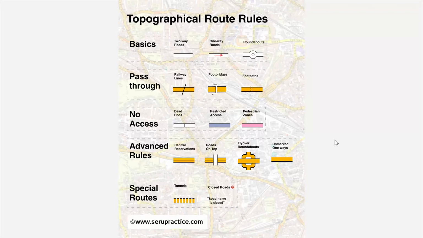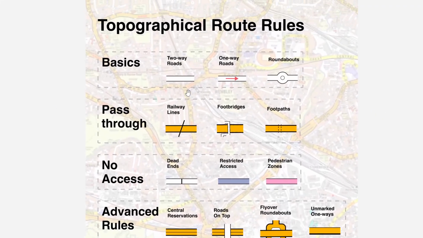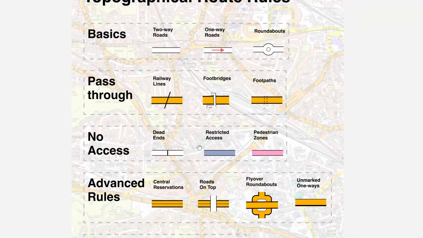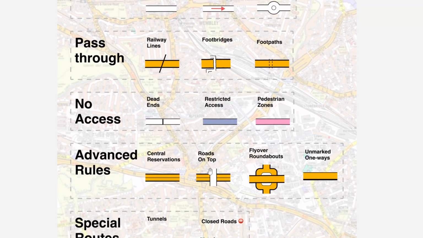For anyone who is trying to get a PHV driver's license and needs to pass their topographical route planning assessment, it is very essential to understand these topographical route rules, because these rules or symbols help you identify the map and how to solve that particular route. Some of these routes can be simple, like basics, two-way roads, one-way roads, or roundabouts, but some of them might be a little bit more difficult. It is very important to have a clear concept about these rules.